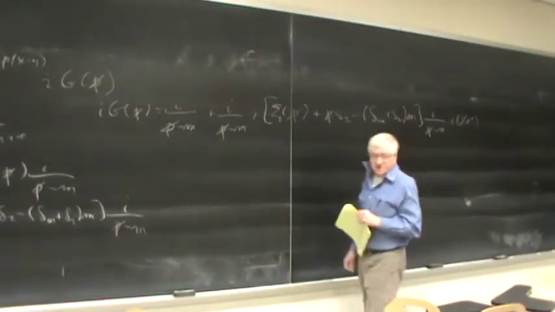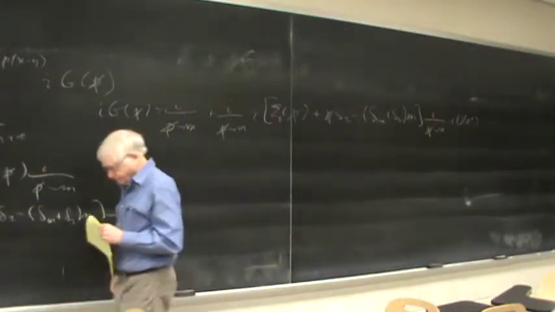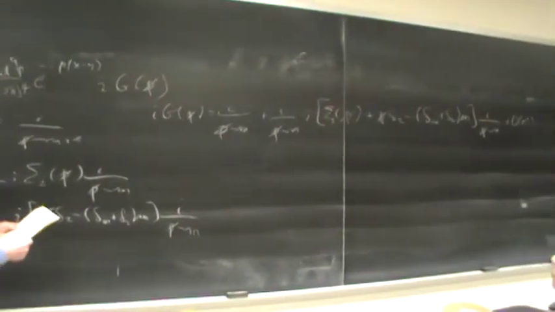Okay. So this is our electron propagator at the one loop order.